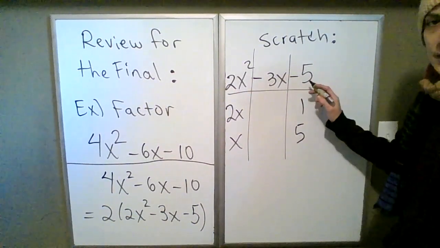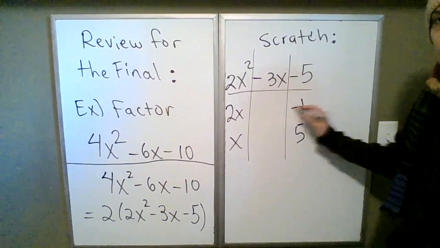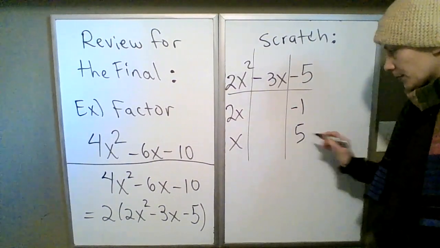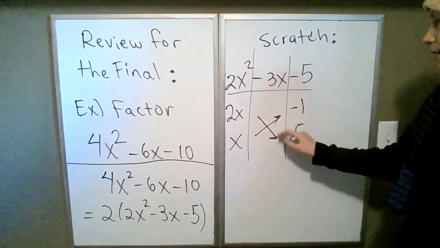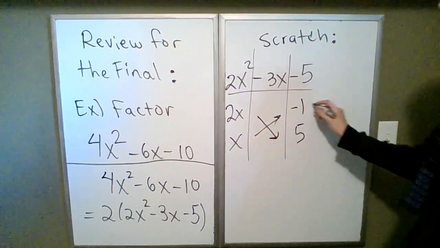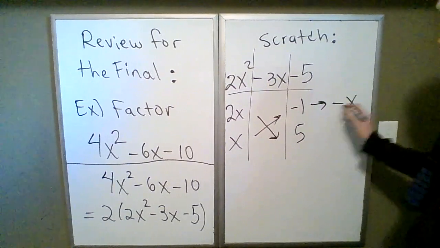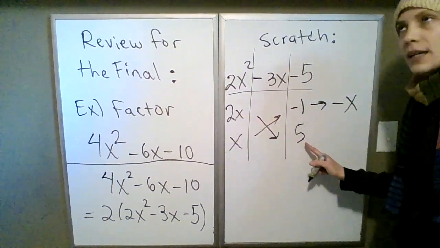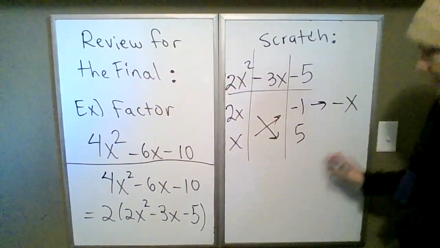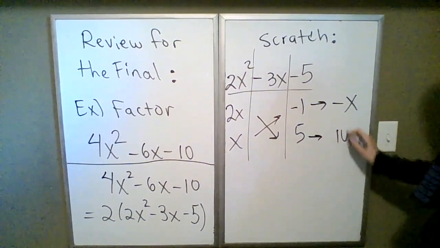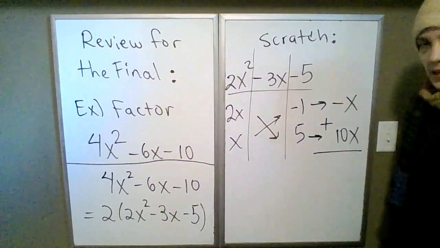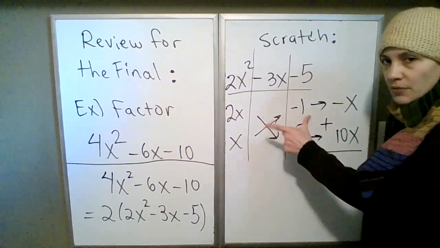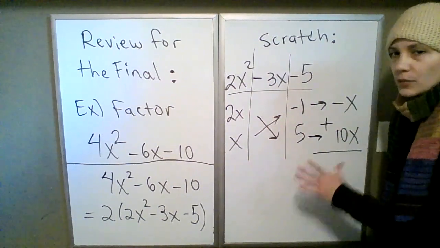And then you need a negative sign. We'll try maybe here. Then we cross multiply. x times -1 is -x. Then this way you'd have positive 10x. Add the sides together. If you get the middle term, then you found the two factors. If not, we'll have to guess again.